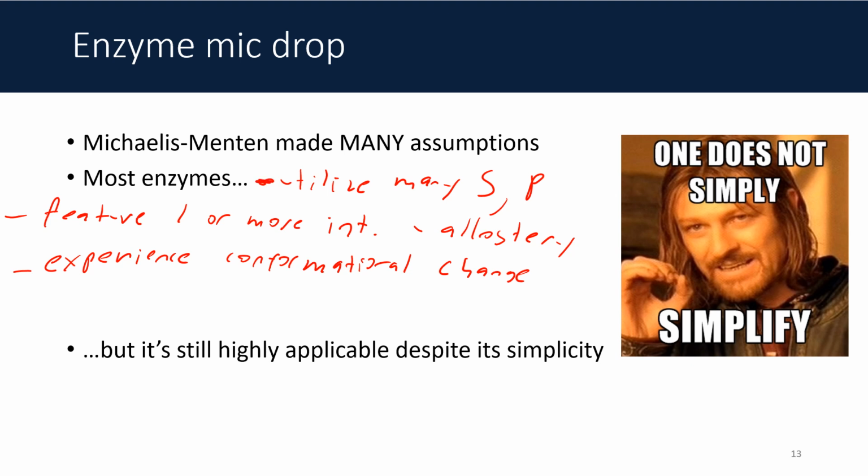These four stipulations are not accounted for in the Michaelis-Menten model. And therefore, most, if not all, enzymes deviate from Michaelis-Menten kinetics.